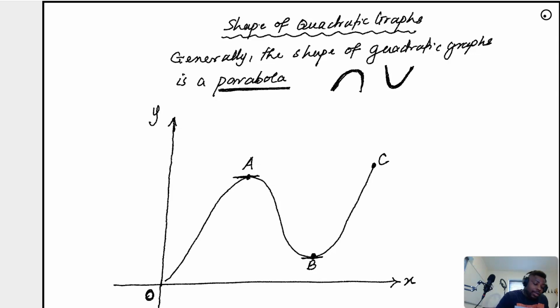So the first thing we need to understand here is gradient. Gradient simply means a change in vertical over a change in horizontal. That means a change in y over a change in x. We are still going to take gradient in another topic, but I just want to use a little bit of gradient to explain something here.